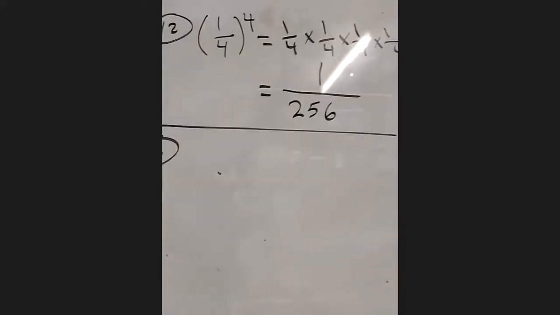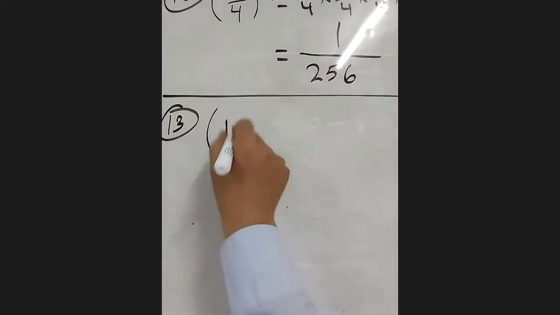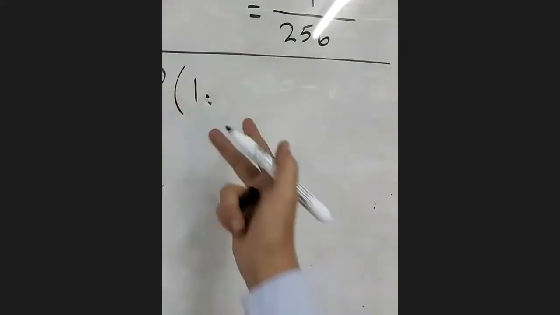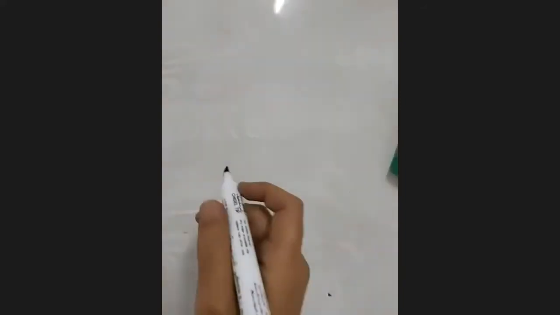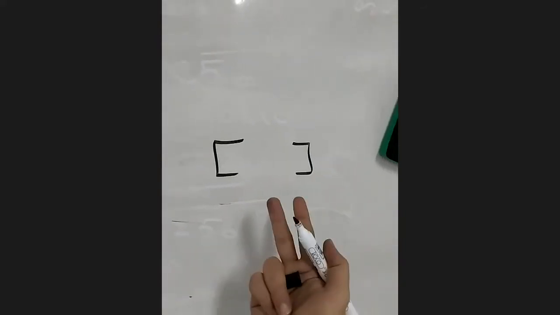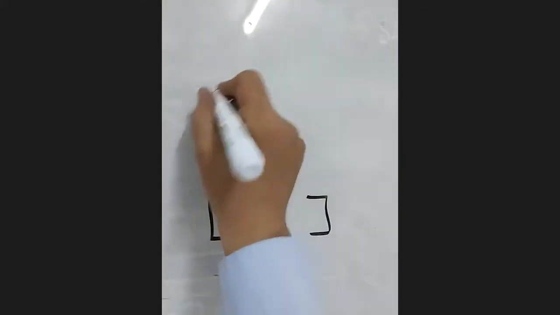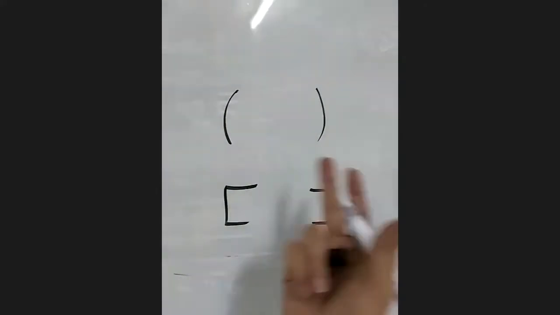Muhammad, question 13, what do we have? Brackets, or parentheses. This, guys, by the way, we call it brackets, and this we call it parentheses.